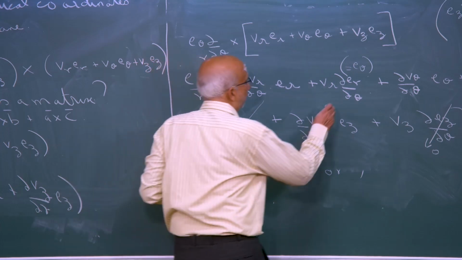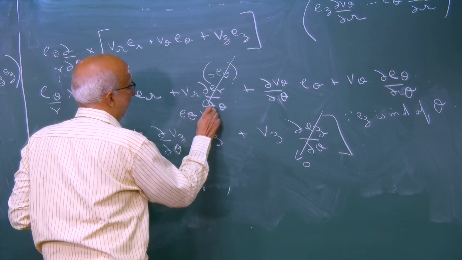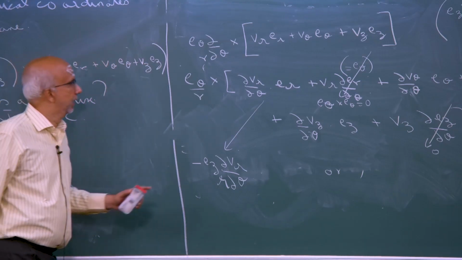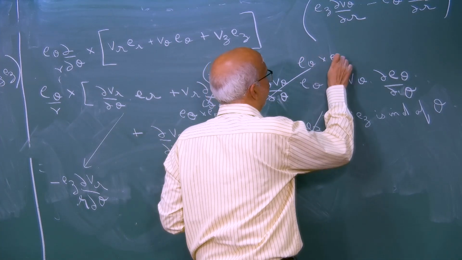So, this does not contribute. Why? Because E theta crossed with E theta is 0. This also does not contribute for the same reason. E theta crossed with E theta is 0.